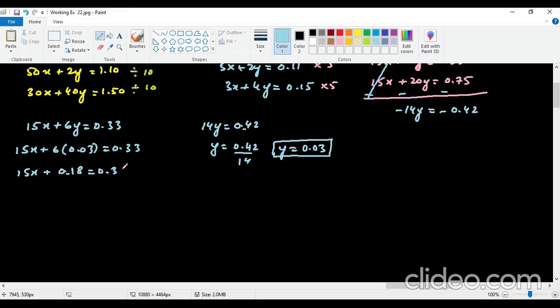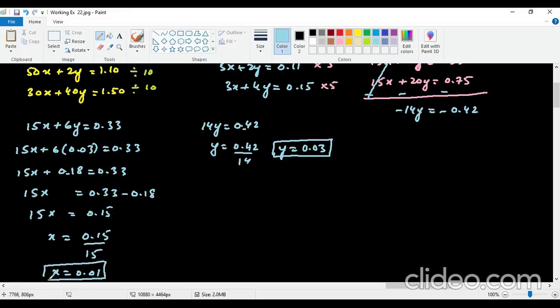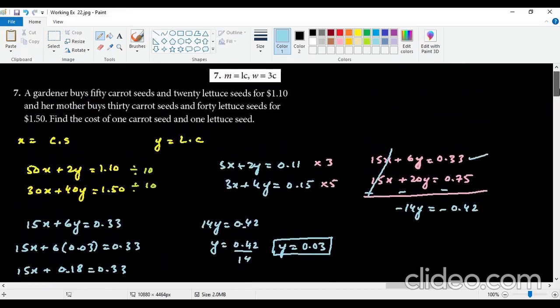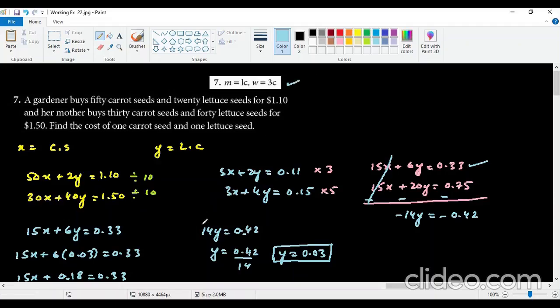When we subtract 0.18 from 0.33, we are going to get 0.15, and when 0.15 is divided by 15, it's going to give us 0.01. So the price of carrot seed is 1 cent, and the price of lettuce seed is 3 cents, as you can see in the answer also. Moving on to the next question.